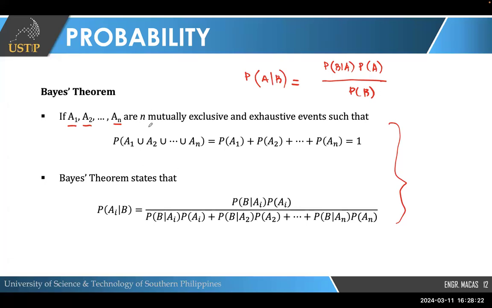They are n mutually exclusive and exhaustive events such that, okay, when you say mutually exclusive, if you remember the additive rule of probability, if you have two events that are mutually exclusive and you want to get the probability of A or B, we just add the probability of A plus the probability of B. If they are mutually exclusive, A1 union A2 union until A sub n, we just get their individual probabilities and add them together.